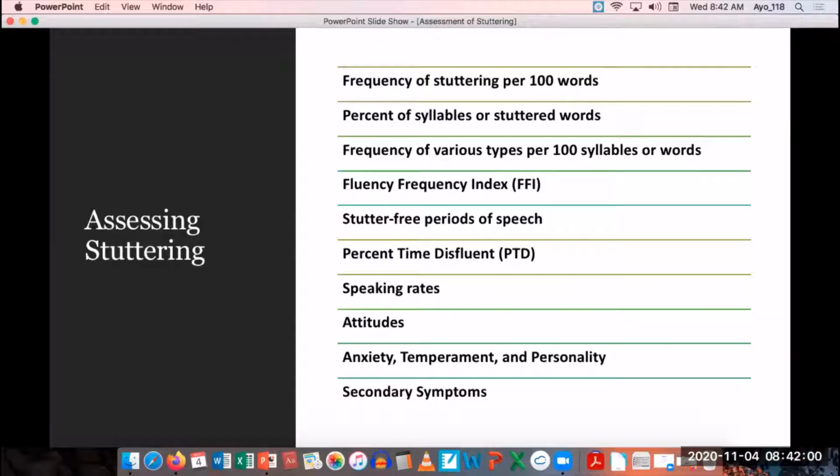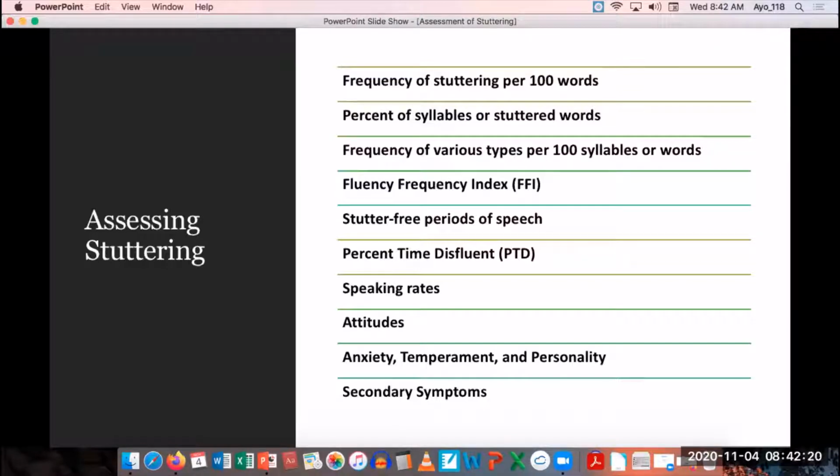So he was disfluent on 2 syllables, so you could count that as 2. Whereas if you're looking at disfluency of words, you would only count that as 1. But whatever method you choose, whether it's words or syllables, you just need to be consistent throughout.